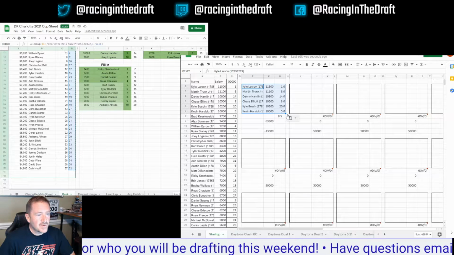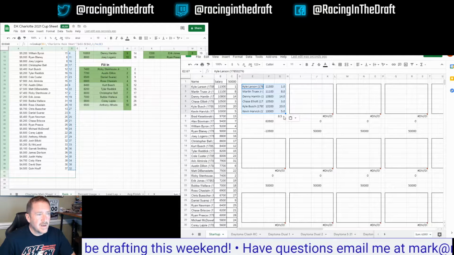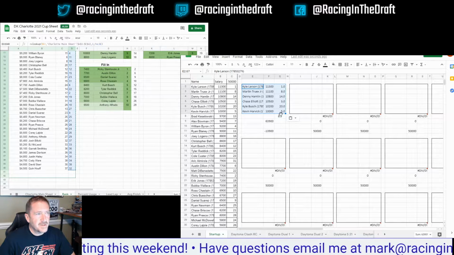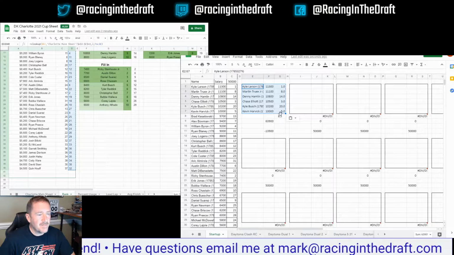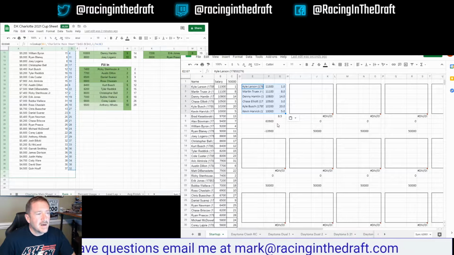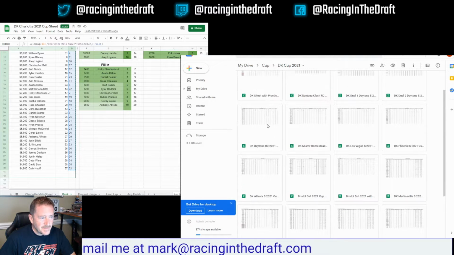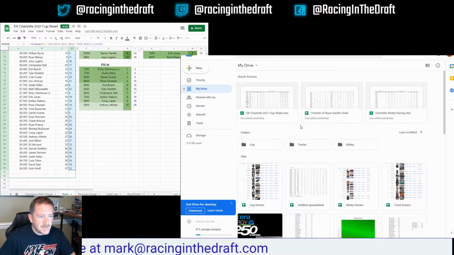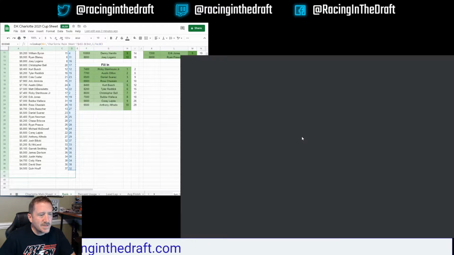Not that that's crucial, but the biggest thing I want to know is, do I have lots of place differentials? Am I going more off of potential dominators? Am I balanced in the middle? And those types of things. So we can also look at the Cup optimal lineups.